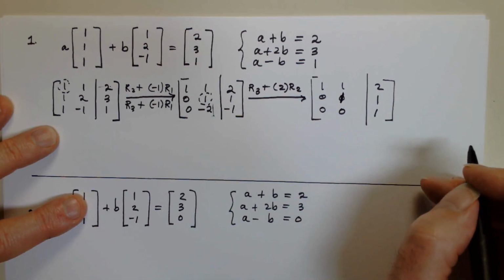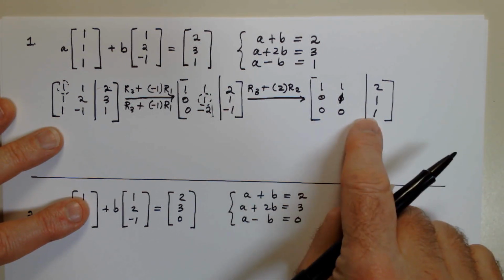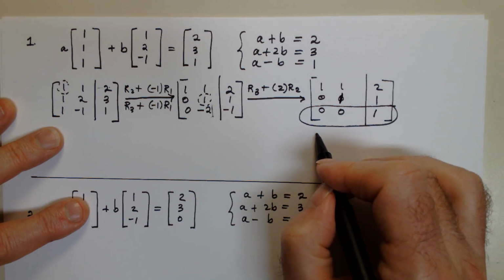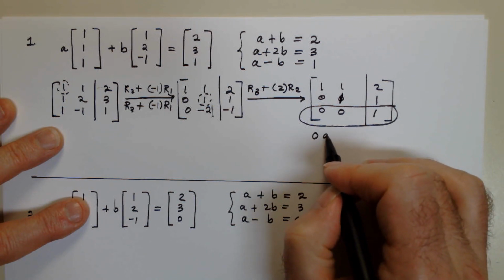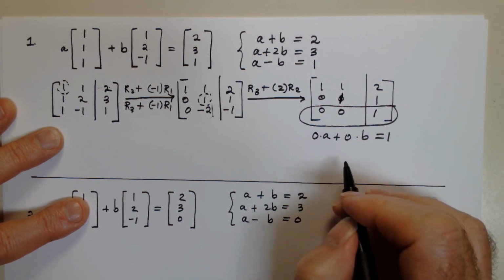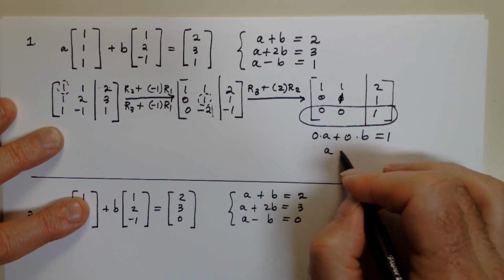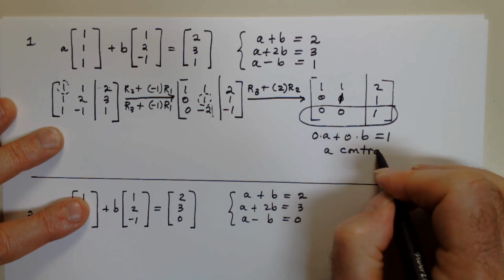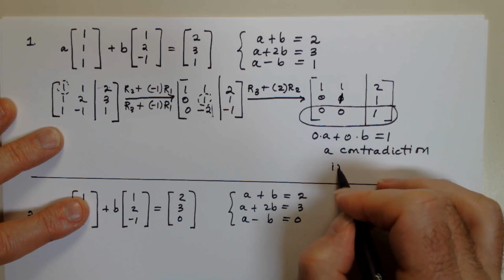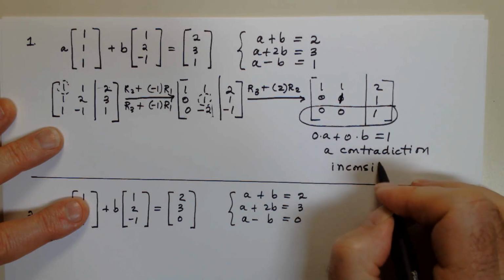Now you can see the trouble here, right? This system is inconsistent. This last row is saying that 0 times A plus 0 times B is equal to 1, and that's a contradiction. In other words, the system is inconsistent.